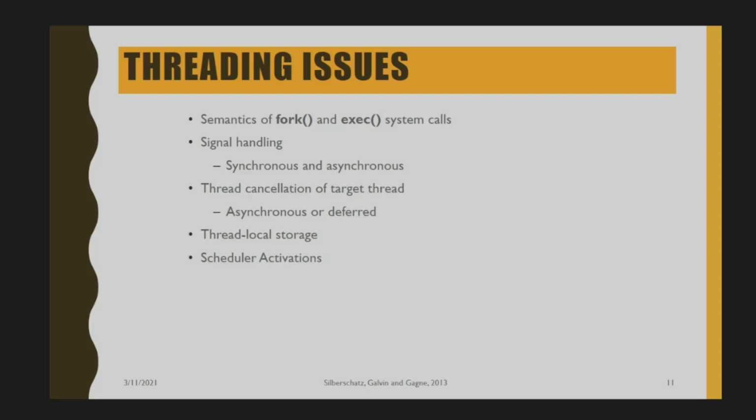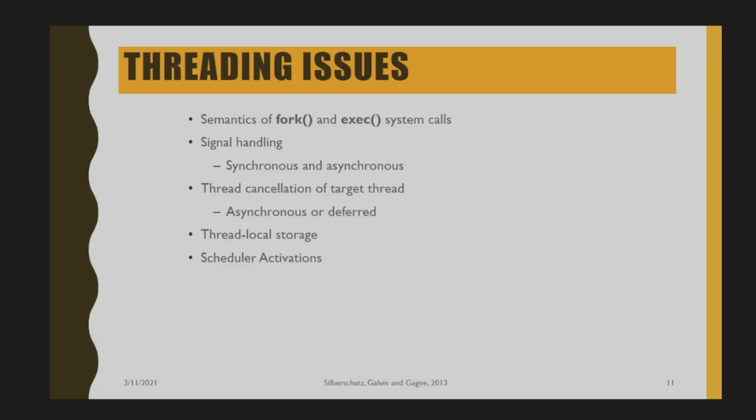So in general, there are several options that exist. First, we can deliver the signal to the thread to which the signal applies. Second, we can deliver the signal to every thread in a process. A process may have multiple threads if we talk about multi-threading.